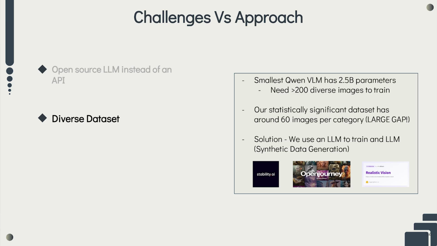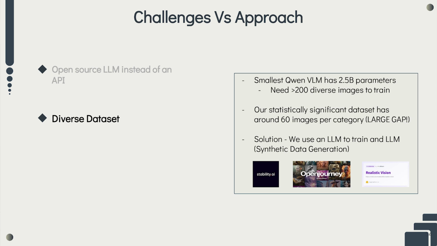We use 3 different models, each of which has its own strong points. For example, Realistic Vision by Hugging Face is pretty good at generating human-related ads. Stability AI is pretty good with product-related ads, where certain products are being advertised.